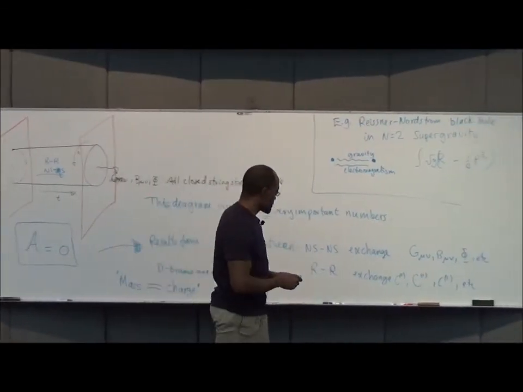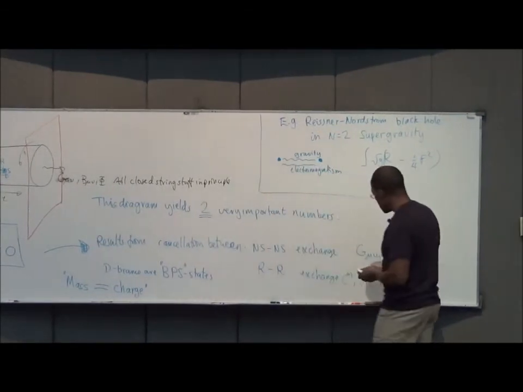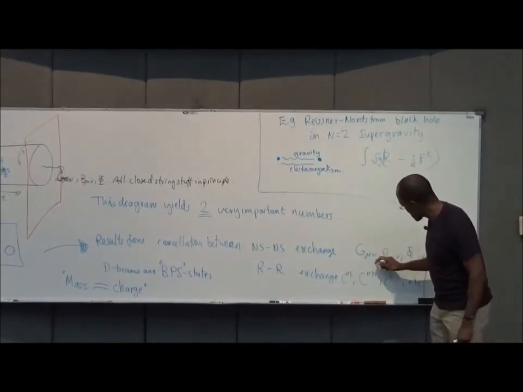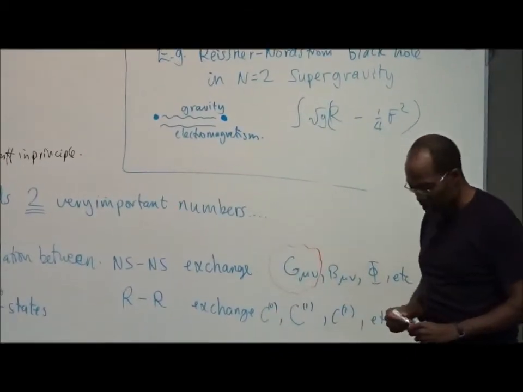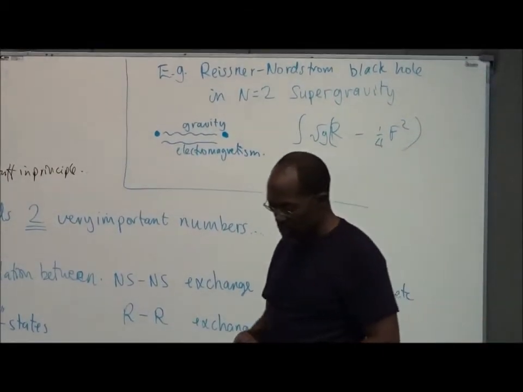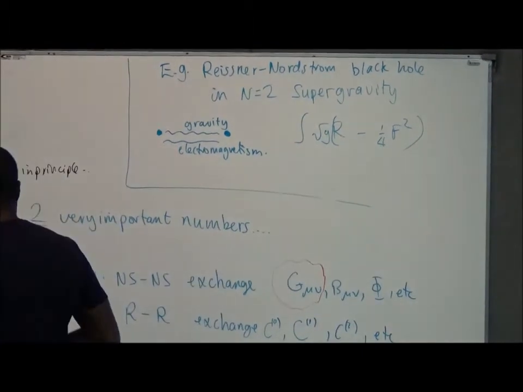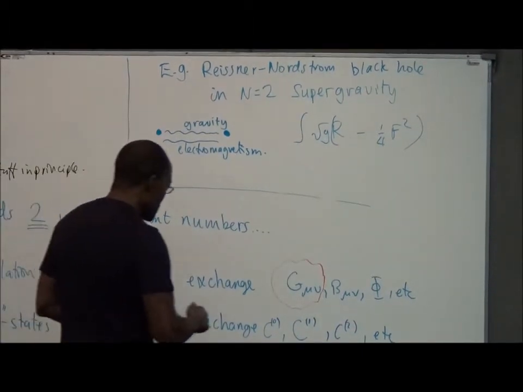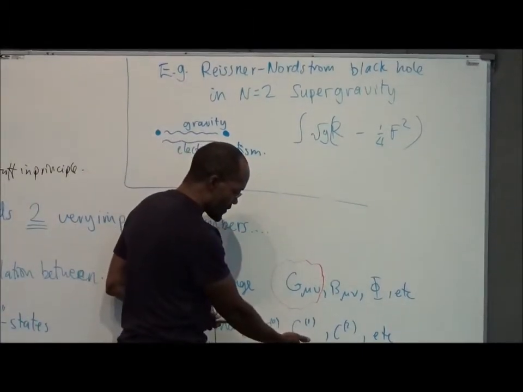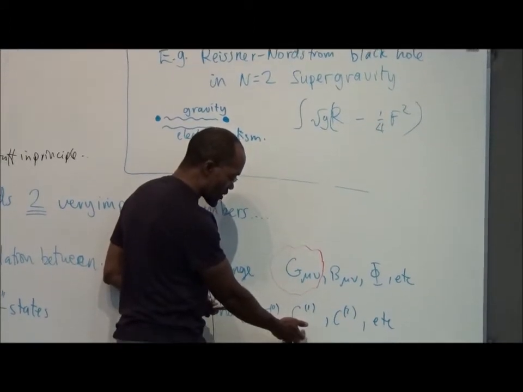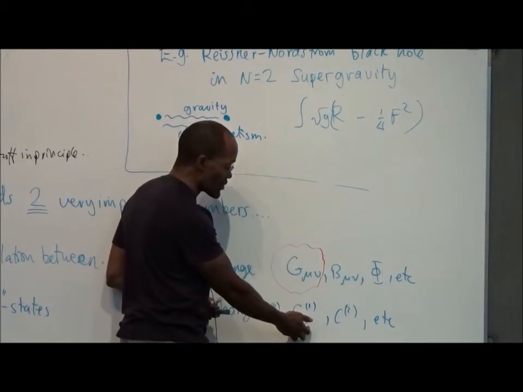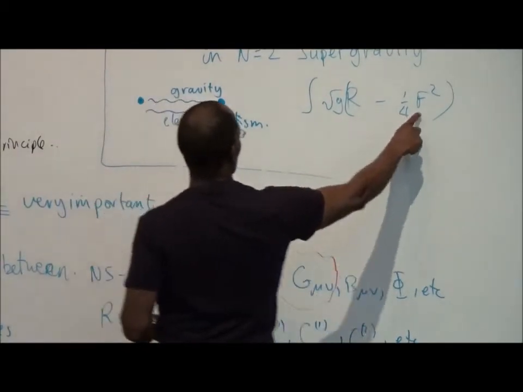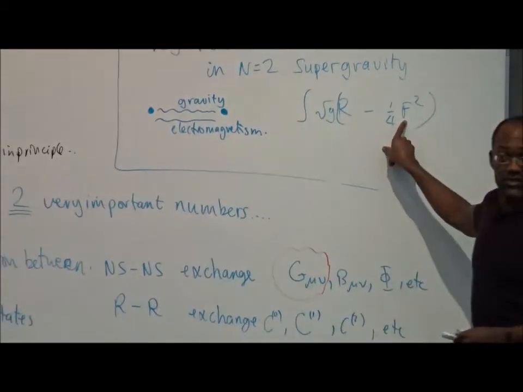In the sector that we're interested in, the thing that tells us about mass, of course, is what I was saying before, the exchange of gravity. And then you discover they must be charged under some analog of electromagnetism.